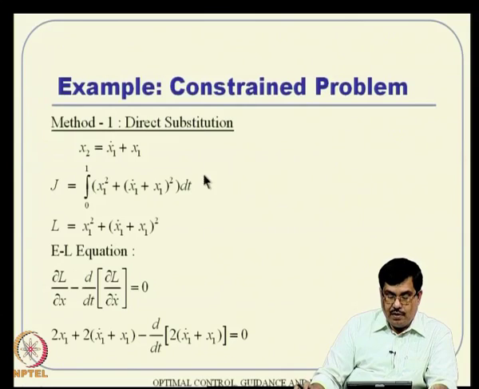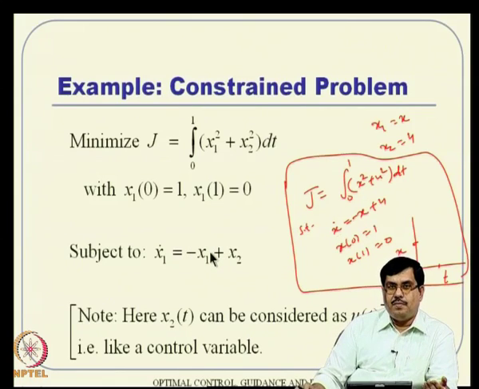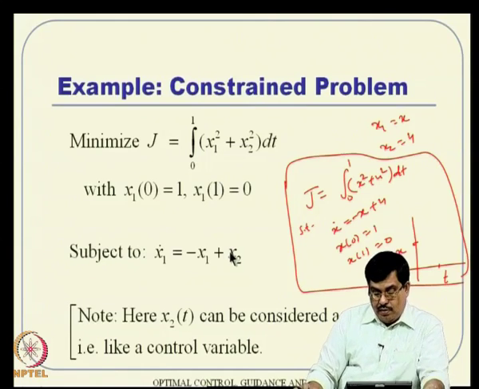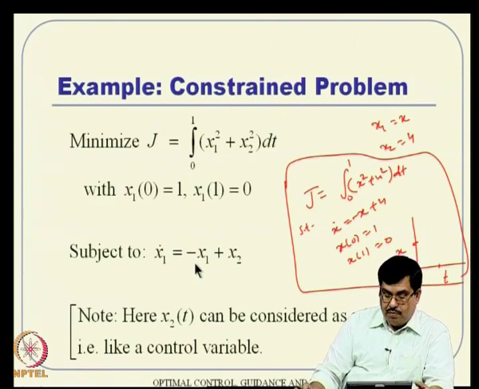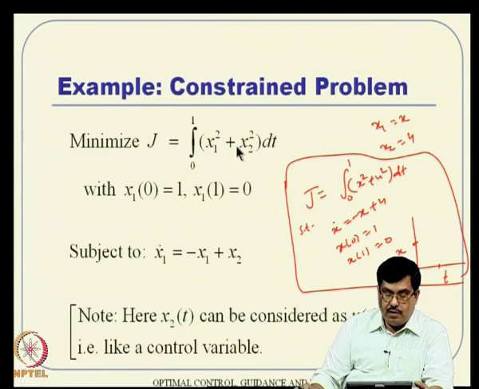Here, I will be slightly clever. I will look at this equation and I know all the algebra that is necessary in the form of x1, x1 dot and all that. So, how about simply eliminating x2 from here? x2 is nothing but x1 dot plus x1, and I go back and substitute that there.